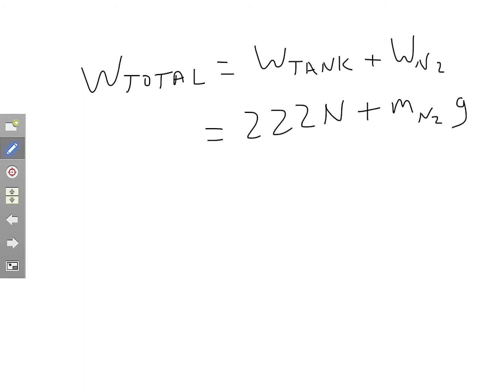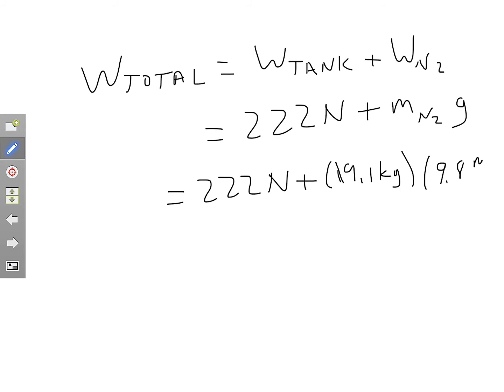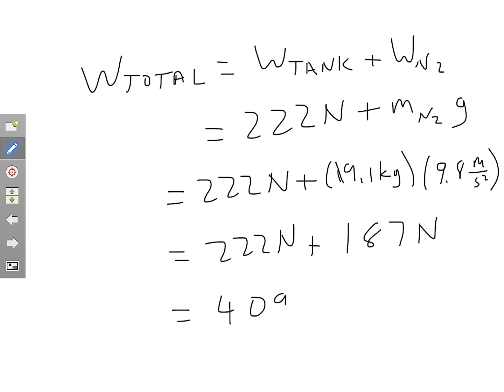So this is going to be 222 newtons plus 19.1 kilograms times 9.8 meters per second squared. This turns out to be 187 newtons plus 222 newtons. And what we're left with is 409 newtons for the total.